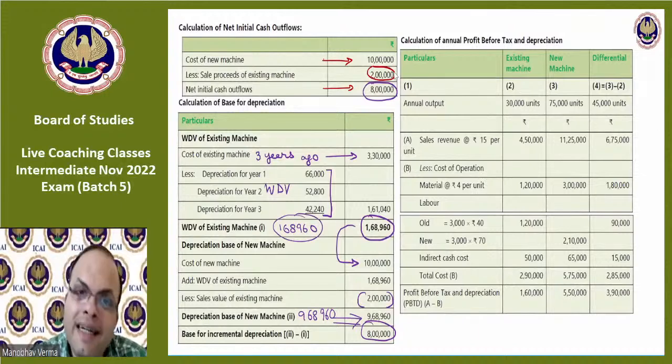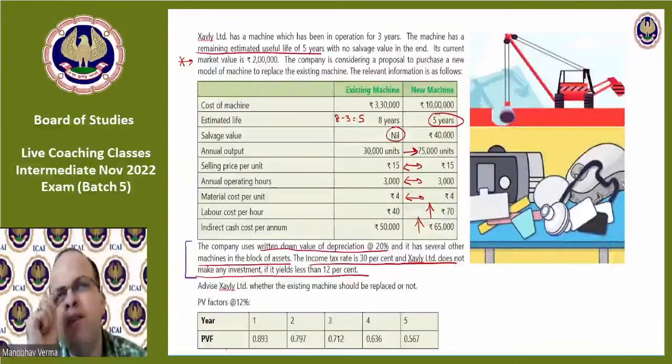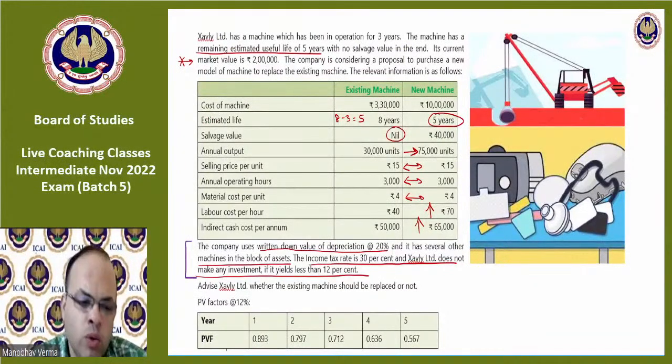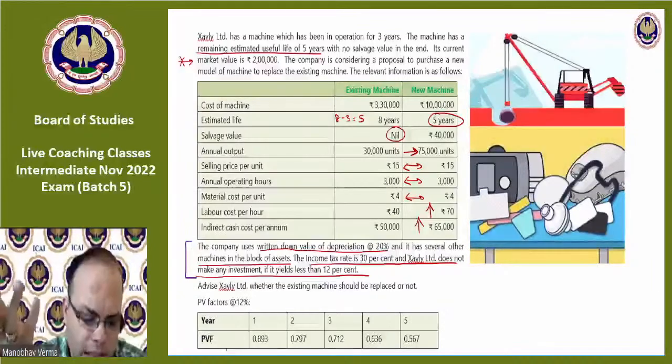Now, let us try to understand what the question was talking about, that if I purchase the new machinery, how many units will you be able to sell? 75,000, guys. From 30,000, I'm increasing to 75,000, so a 45,000 increase.